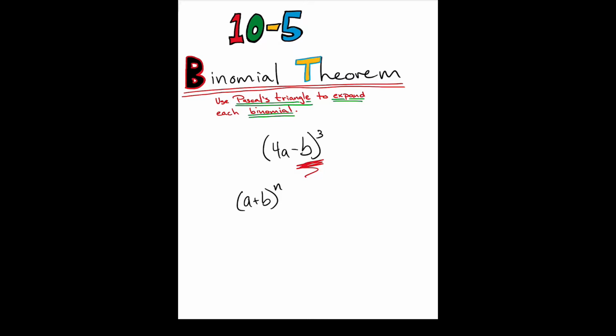One of the common mistakes that's made is that the b is isolated by itself, where what you should be thinking is that you have a plus a minus b raised to the n power.